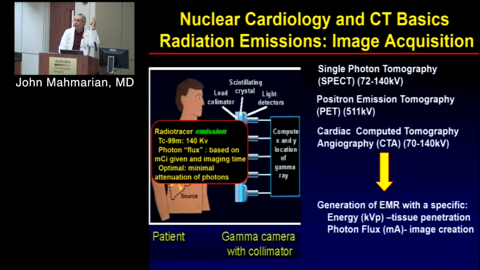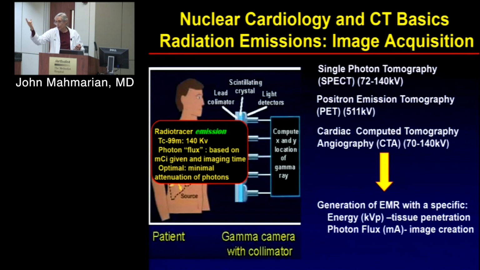Okay, we don't want them attenuated in the body. We want to get as much of the photons out as possible intact, passing through. Because that's the other interaction. I talked about photoelectric effect. I talked about scatter. The other interaction that photons have in the body is nothing. They just pass through and hit the camera.